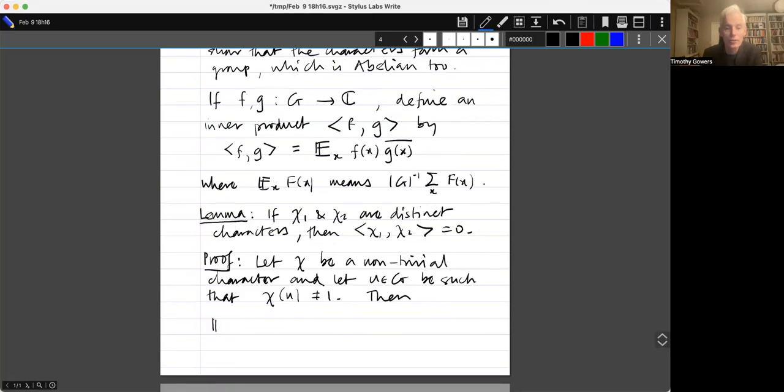So then the average over all x of chi of x is the same as the average over all x of chi of u plus x, because the map x maps to u plus x is a bijection, since we're in an abelian group.